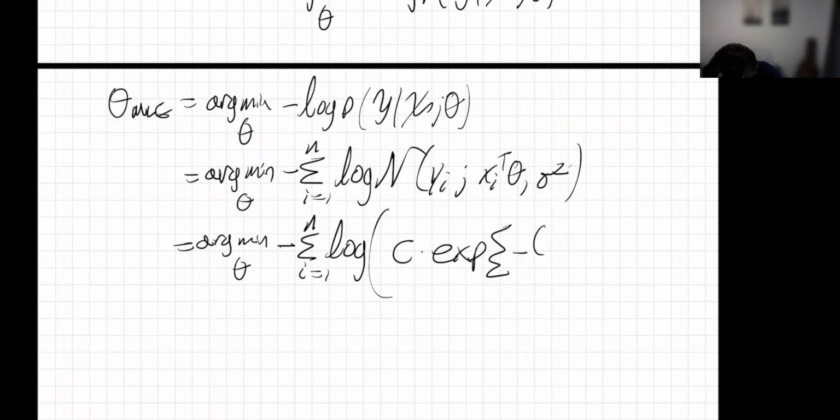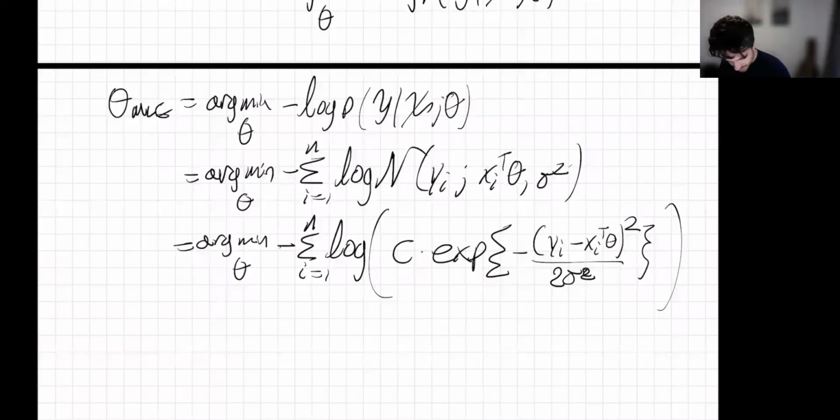So we have here yi minus the mean, squared, divided by the variance, and there's a 2 here. I hope I don't mess this up, but this is the standard PDF of a normal. I just substituted the PDF of a normal with mean xi transpose theta and variance sigma squared. We're substituting the probability density function.